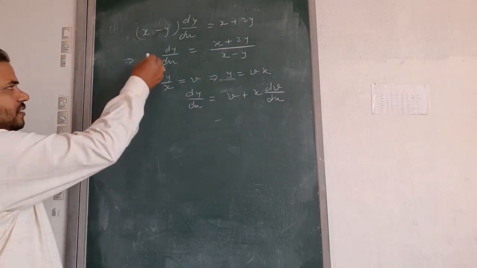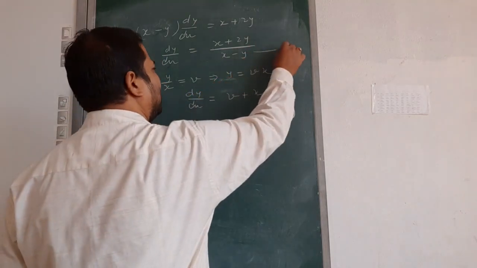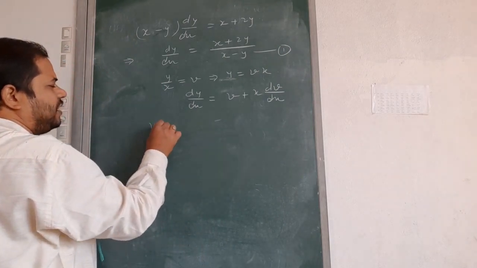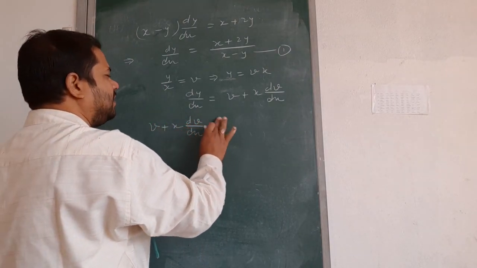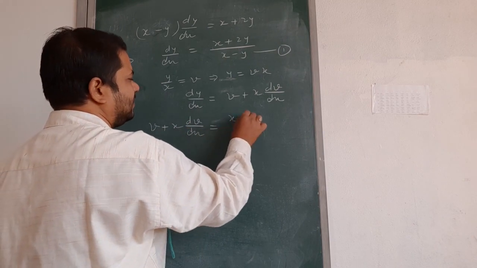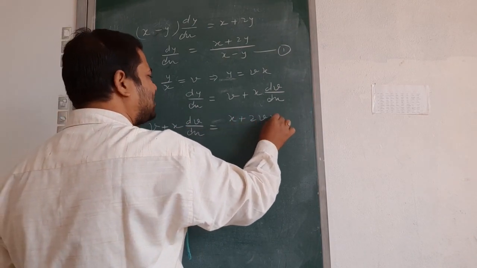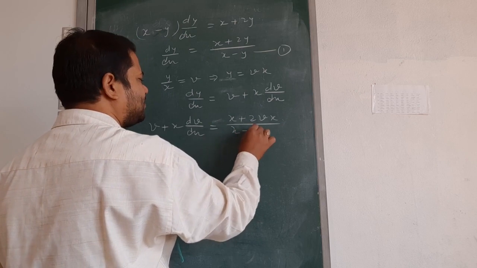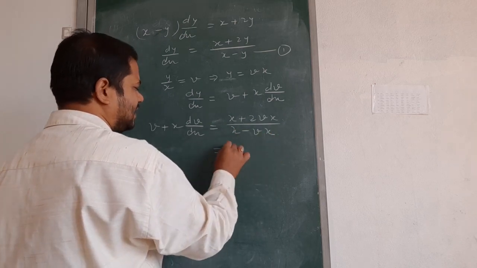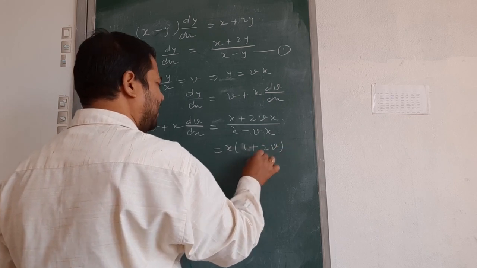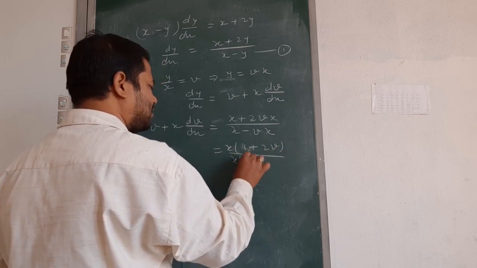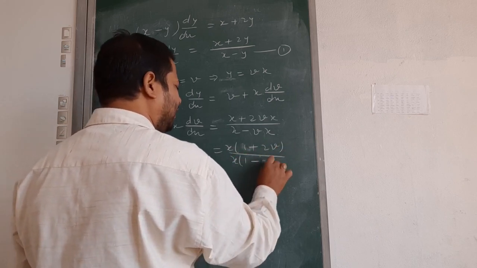If we put it here in equation number 1, we will get v plus x dv by dx, and this is nothing but x plus 2vx divided by x minus vx. So x is cancelled out: 1 plus 2v divided by 1 minus v.